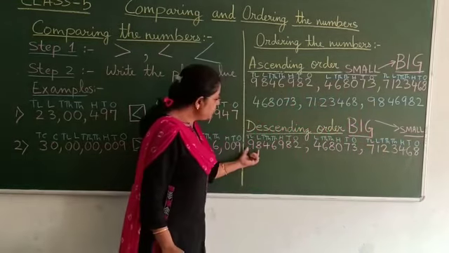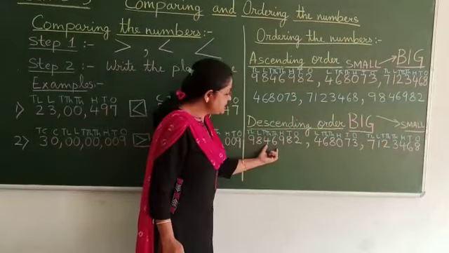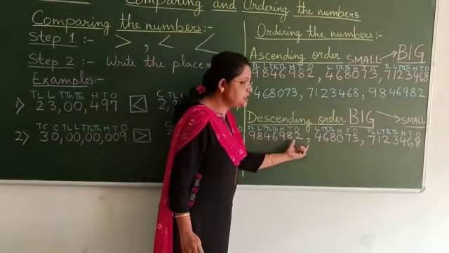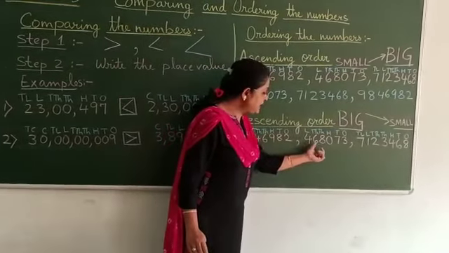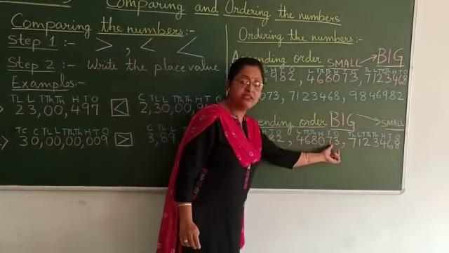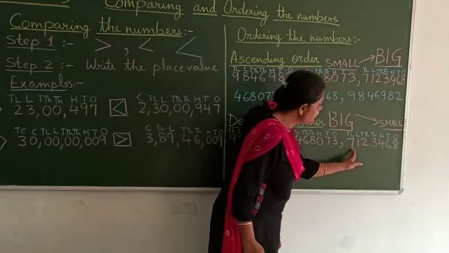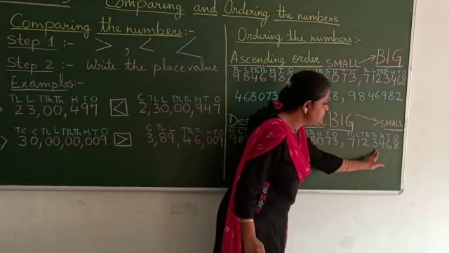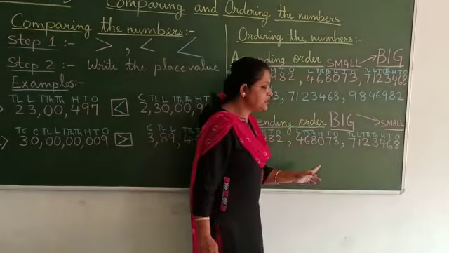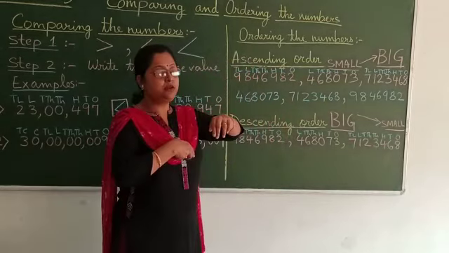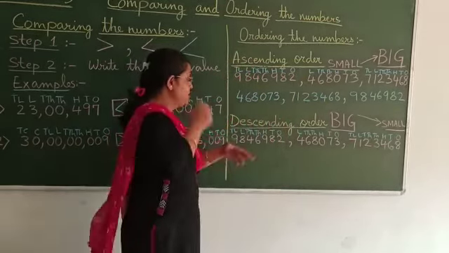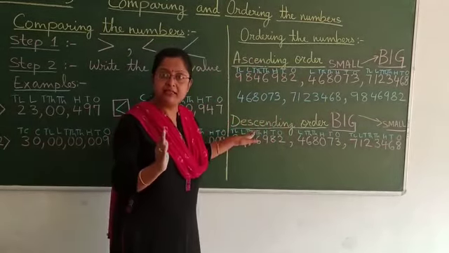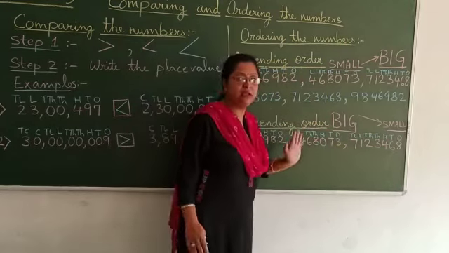Then we read the numbers: 98 lakh 46,982, 4 lakh 68,073 and finally 71 lakh 23,468. Then we frame it in our head which one is the greatest over here, because we are working out descending order. The biggest one we need first.